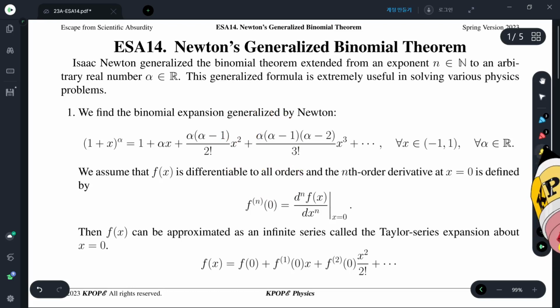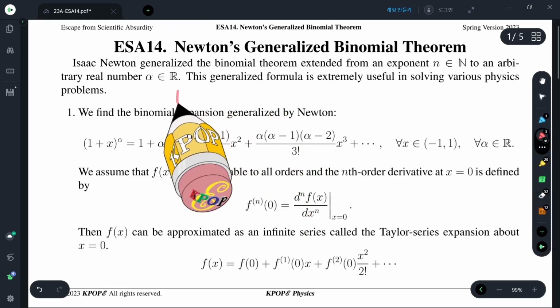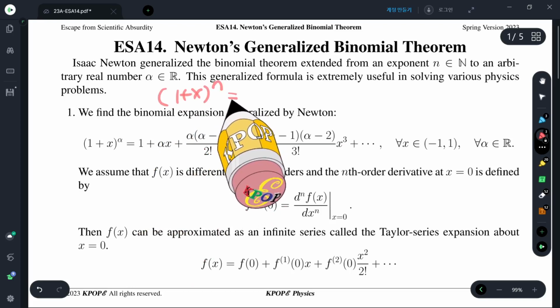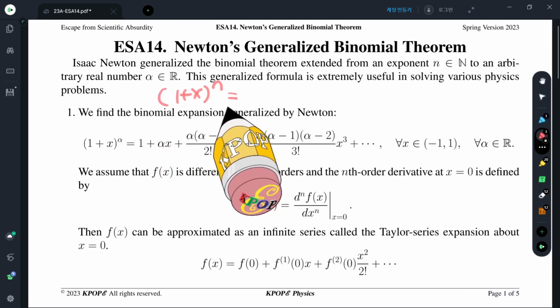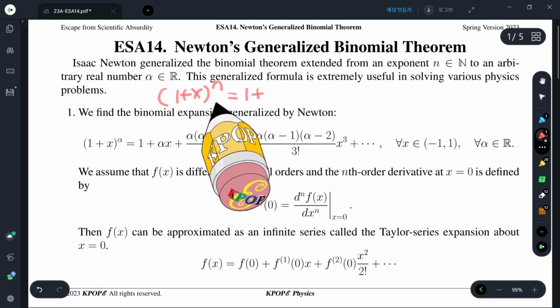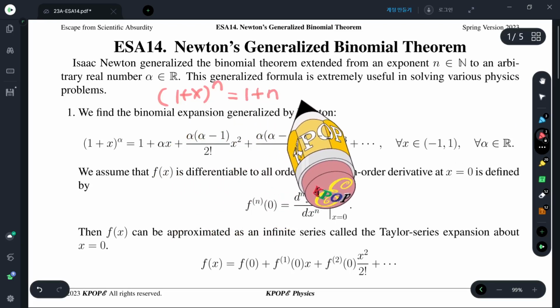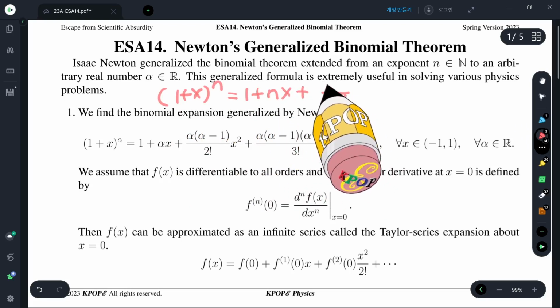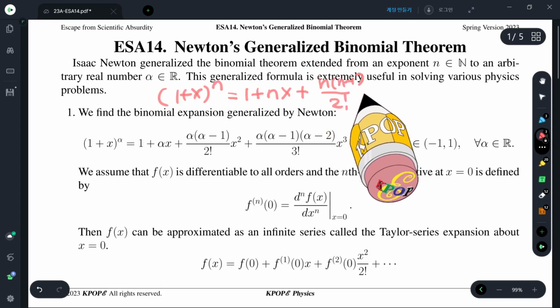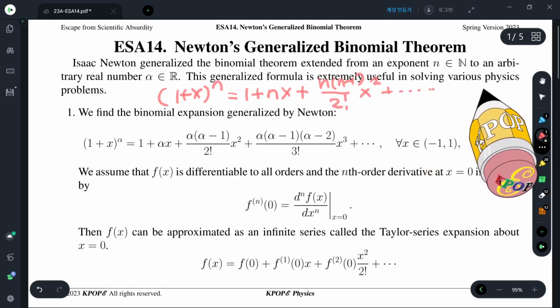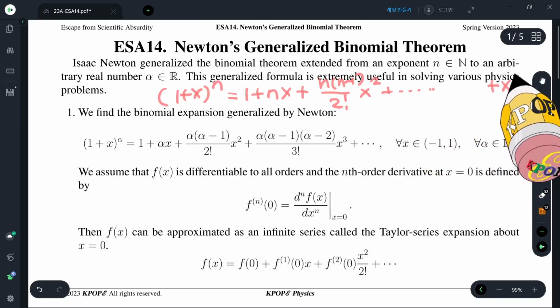1 plus x to the n: in case the power is n, it is a finite series of x, so it has a 1 according to the binomial theorem, and n x, n times n minus 1 over 2 factorial x squared, and so on until the end, where it becomes x to the n.